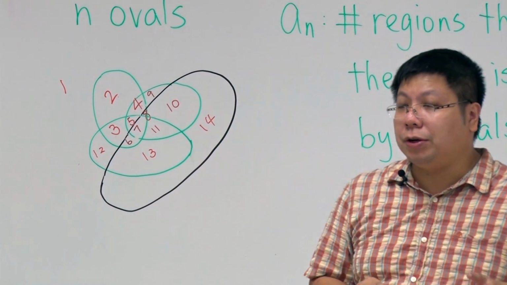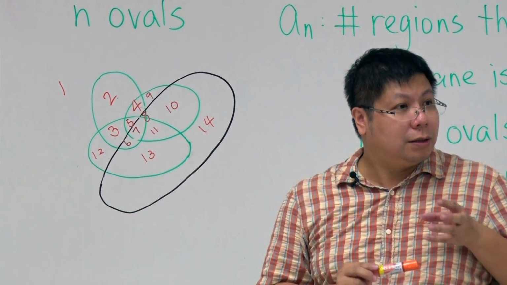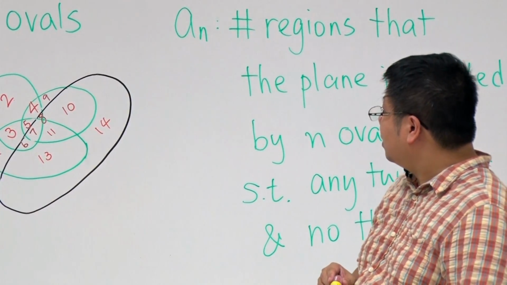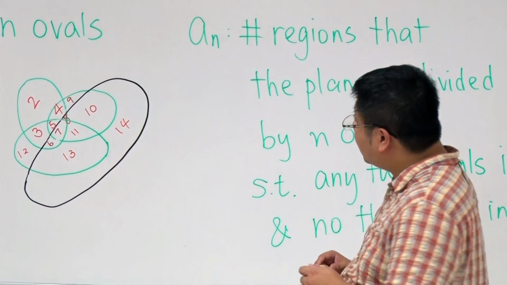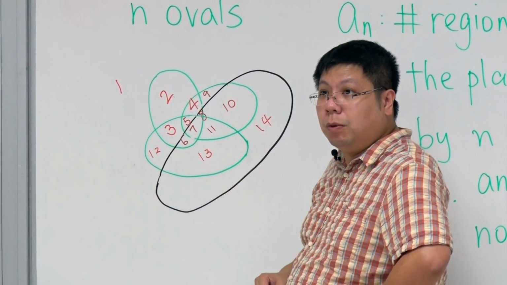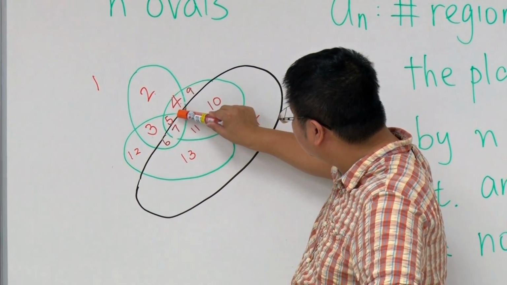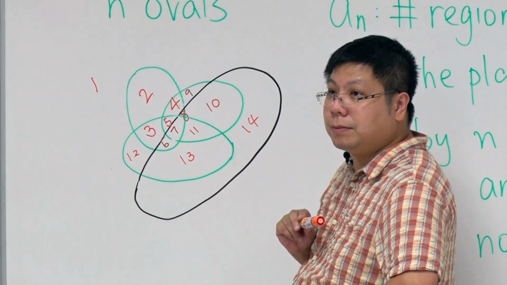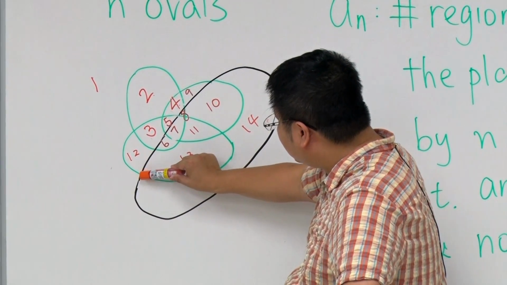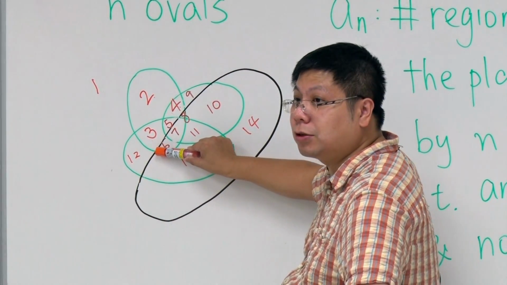Okay. Actually, how to determine the number of parts that it cuts? It is determined by the number of intersection points here. Because if you look at it, this is one intersection point, this is another intersection point.